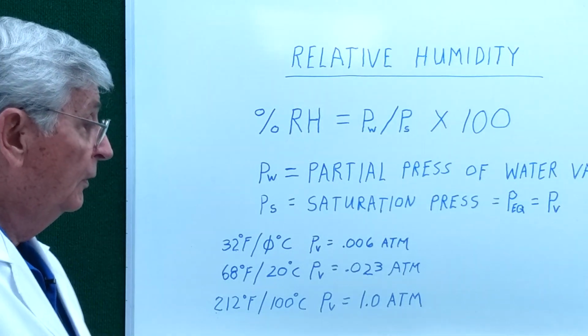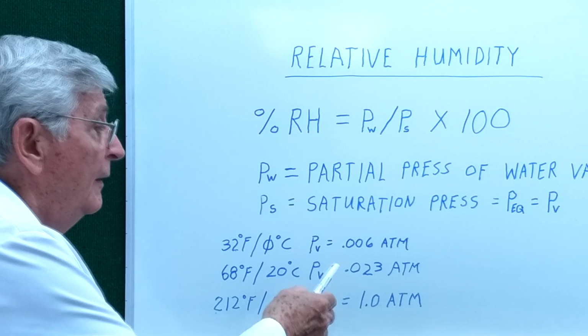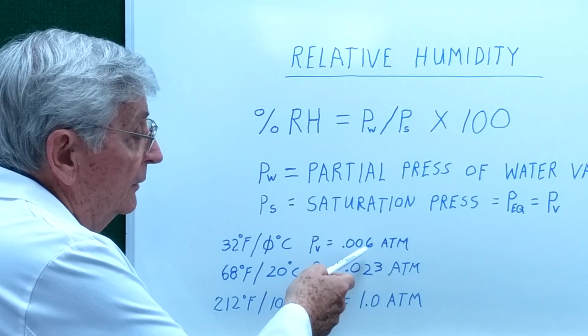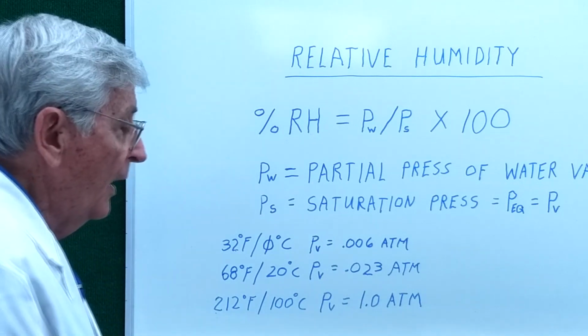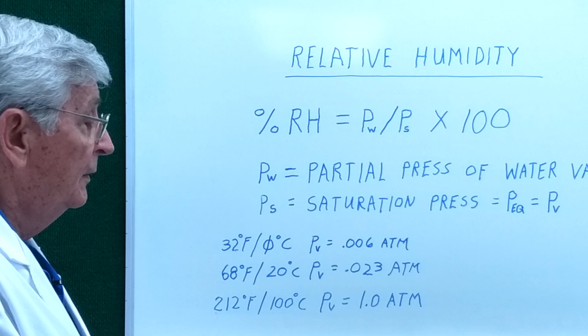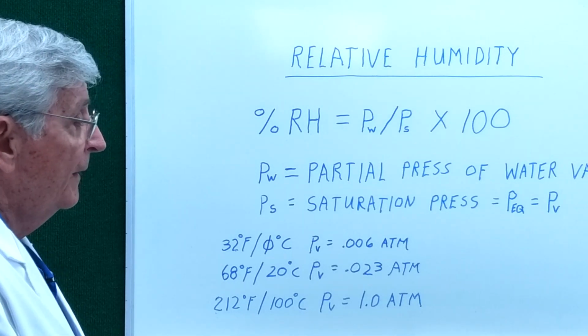So in a normal 1 atmosphere, that means water vapor can occupy 0.6% of the total volume of the air.